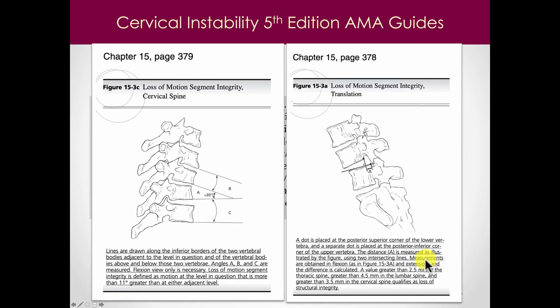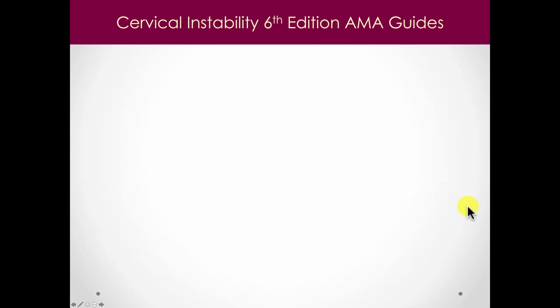When they said flexion through extension with a dash, it wasn't flexion minus extension. So measurements are obtained in flexion and extension, then the difference is calculated. Greater than 2.5 millimeters in the thoracic spine, if you're measuring that, greater than 4.5 millimeters in the lumbar spine, or greater than 3.5 millimeters in the cervical spine.